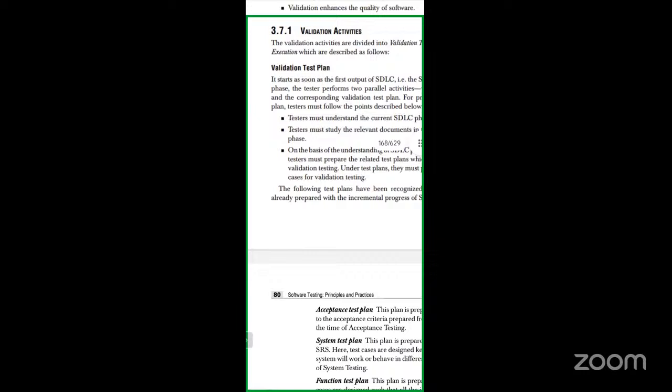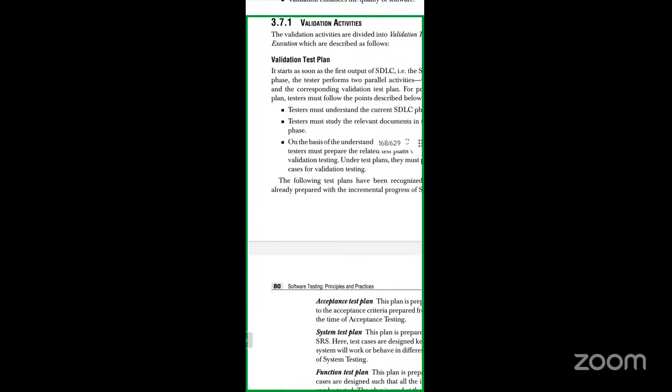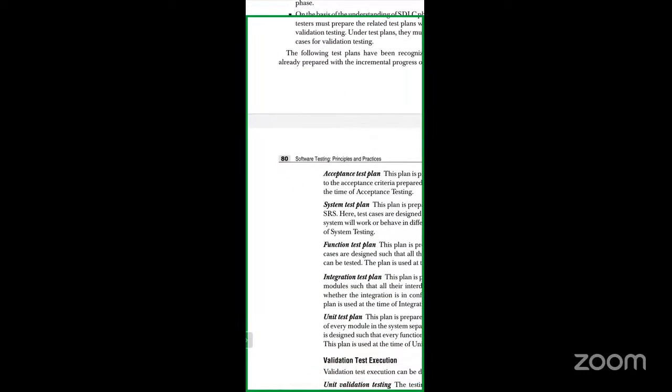When we go for validation of the test plan, we go for the acceptance test, system test, then function test, integration test, and unit test.